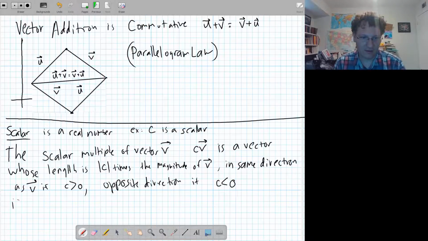And if c is equal to 0, then cv is just the 0 vector.